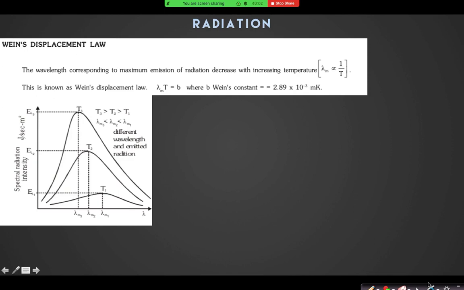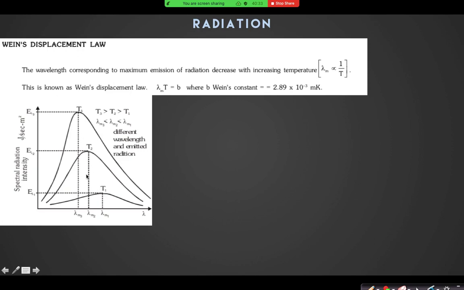Wien's displacement law. We have not done it, right? So Wien's displacement law talks about black body radiation. It's only true for black body radiation, remember, not for any other body. You can find this graph. The graphs are similar, but for a black body, Wien noticed that if I increase the temperature, the area under the graph will obviously increase, right?